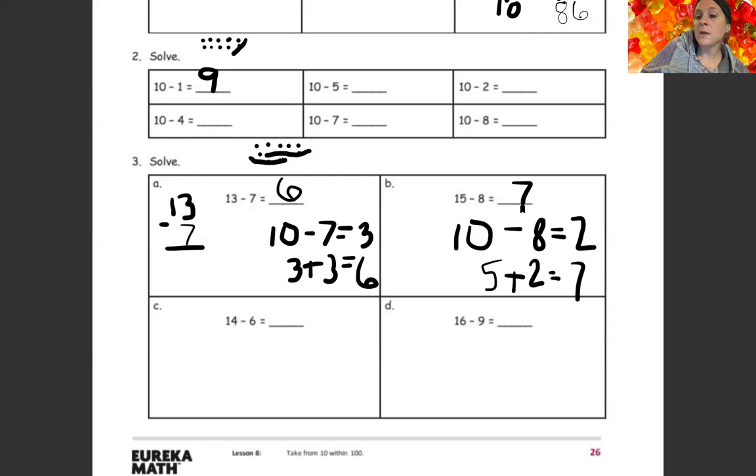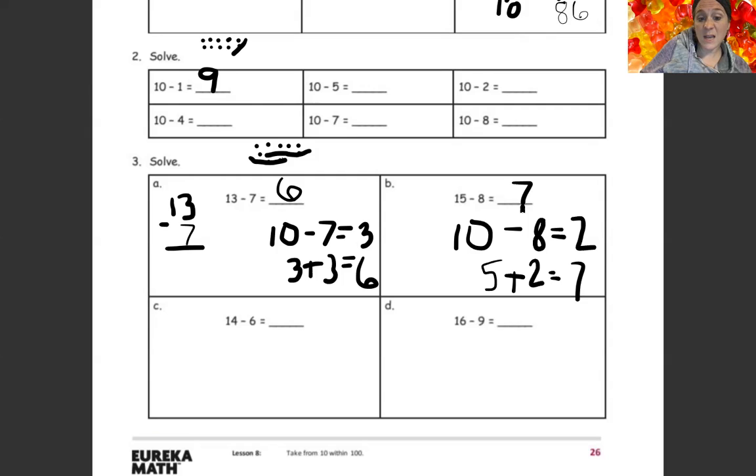Now let's go over here and do this real quick, okay? So you guys can visually see it. 15 minus 8 equals. Okay, ready? So if we have 15, 10, and 1, 2, 3, 4, 5. Okay, ready?